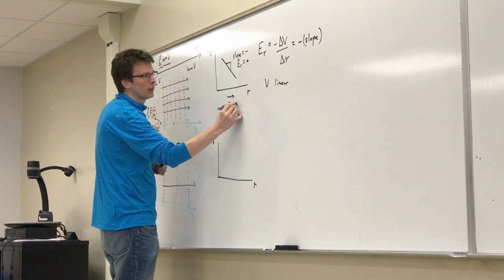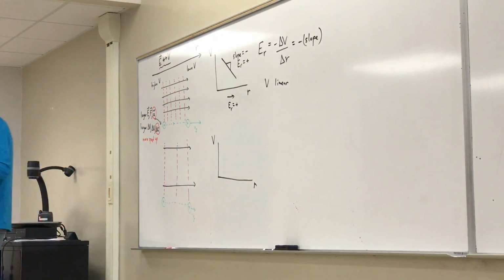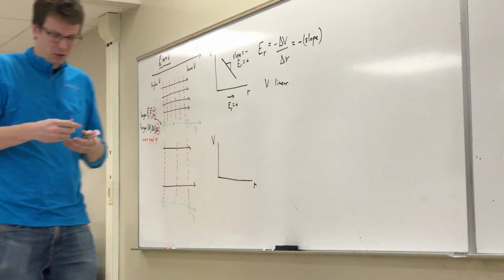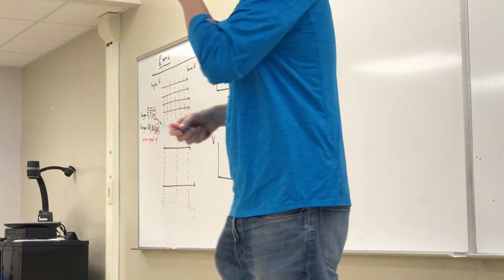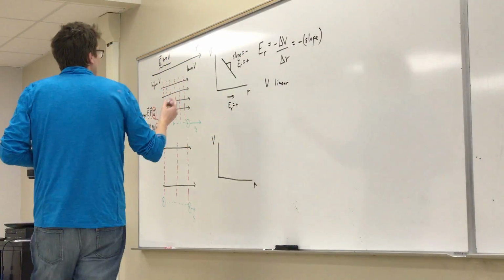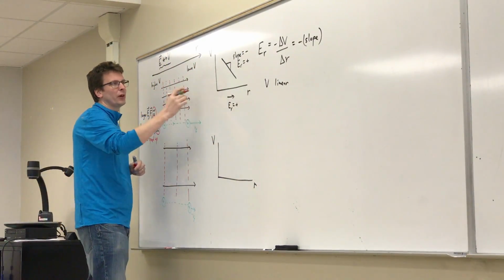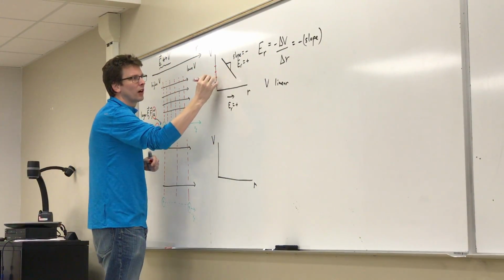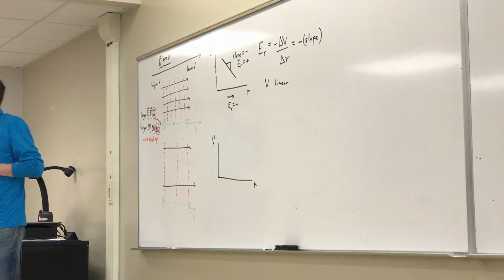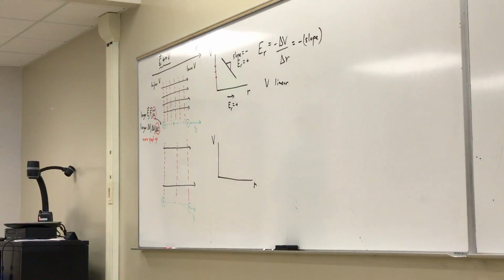There it is. Electric field points towards lower voltage. It's pointing the way down the ramp. The electric field points the way towards lower voltage. And in fact, if we agree to draw our equipotentials at constant intervals, those would be represented by even tick marks on the y-axis here.